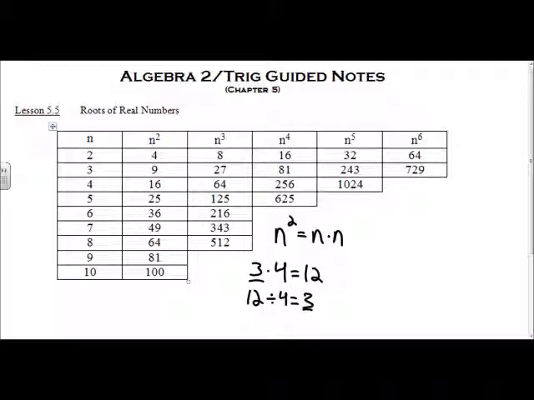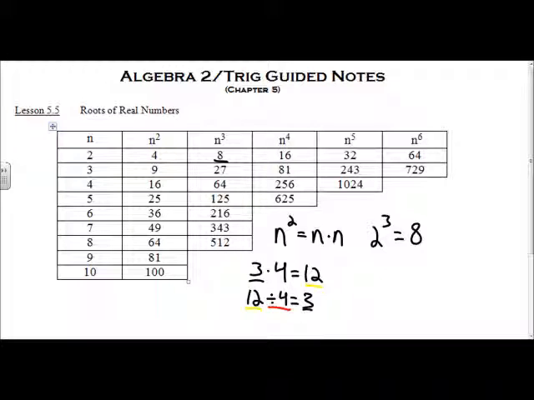Well, if say we started with 2 cubed, according to our chart, gives us 8. There's also an inverse of that. So just like here, how we got to 12 by taking 3 times 4, and then we started at 12 here and went 12 divided by 4 here to get back to our 3.